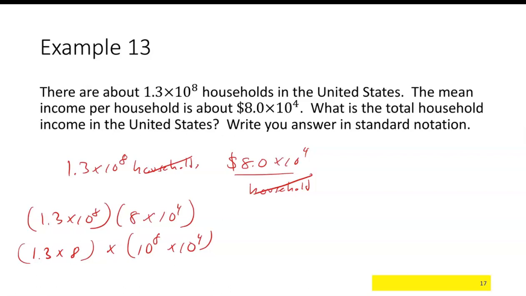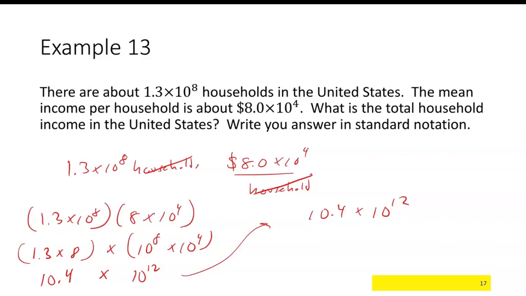So 1.3 times 8 is 10.4. And then when it comes to multiplying numbers with the same base, you add the exponents. So this is 10 to the 12th.